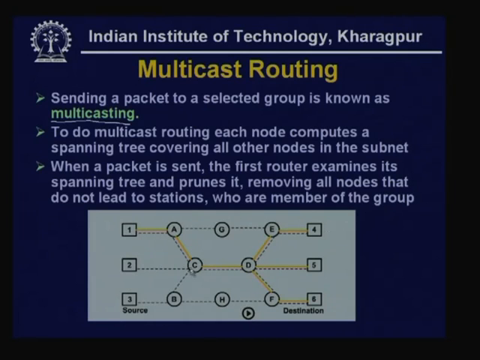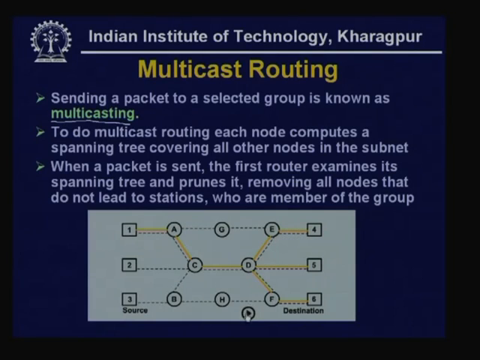Here we find that a spanning tree is formed from 1. It will go through this path from 1 to node A, to node C, node D, and from D it is multicasted. It is transmitted not in one direction but in 3 directions, because 4, 5, 6, these users are a group of stations that want to get the service.